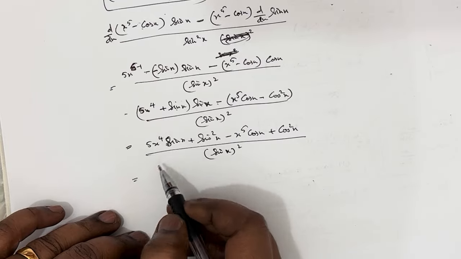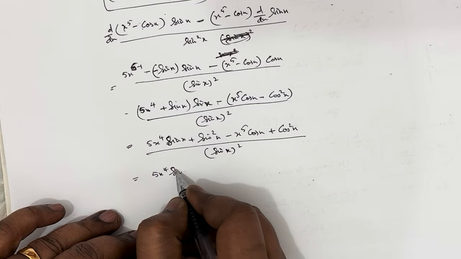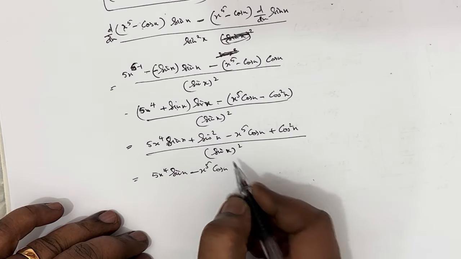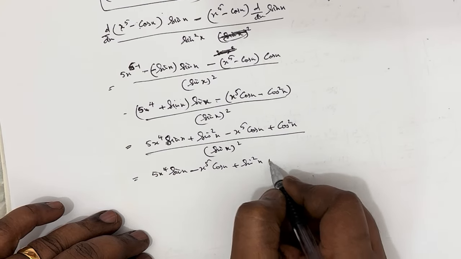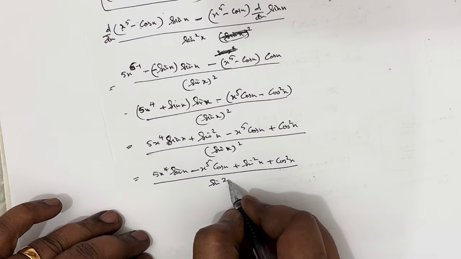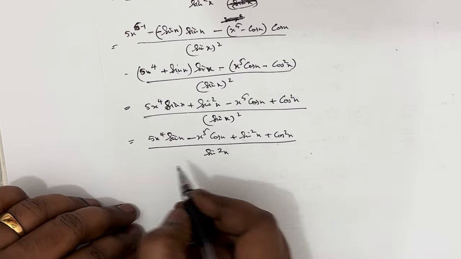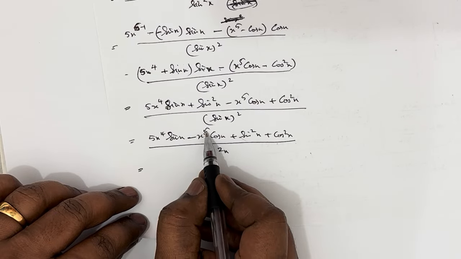Now we'll write 5x^4 sin x, and we'll write this one here, minus x^5 cos x, and plus sin square x plus cos square x upon sin square x. You see sin square x plus cos square x is equal to 1, and the highest power is written first.